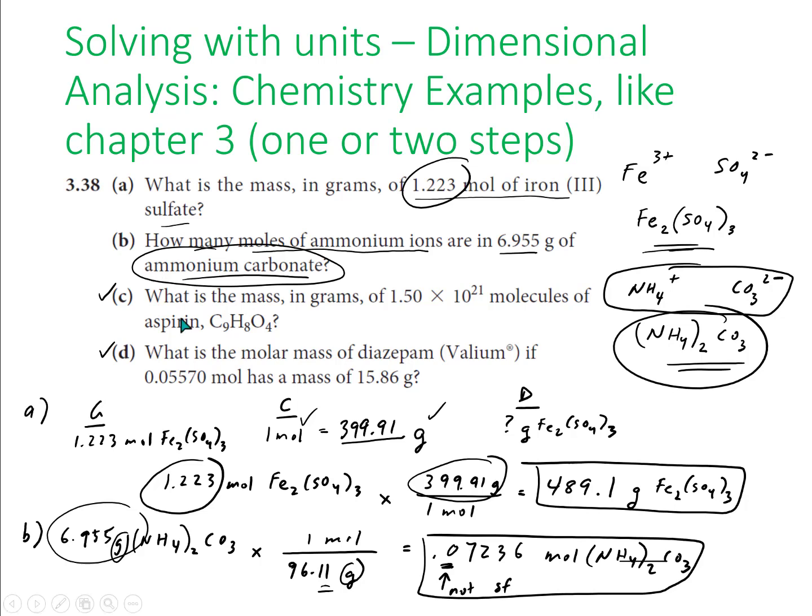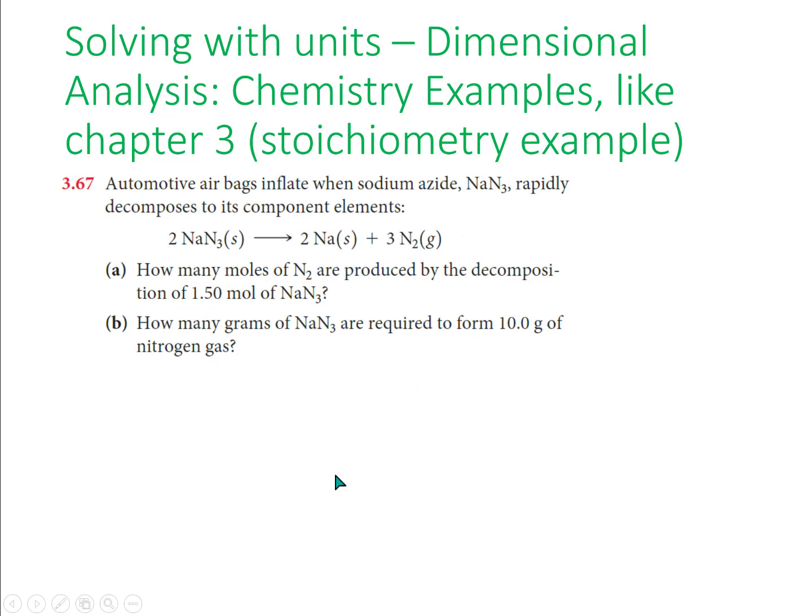Okay, so next slide, we're going to do a stoichiometry problem, and this is the last example. On these, usually you have mass, so here's your scale, and here's your readout and your sample.